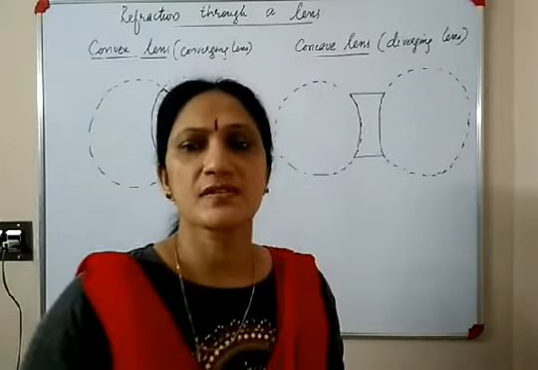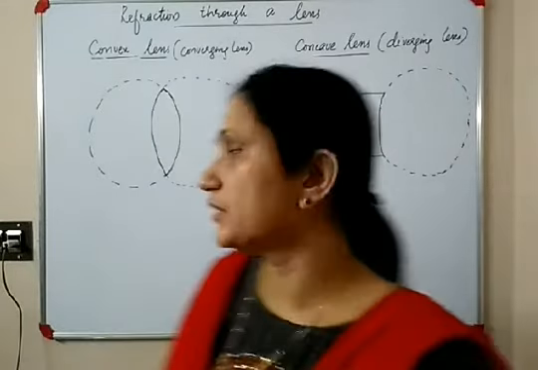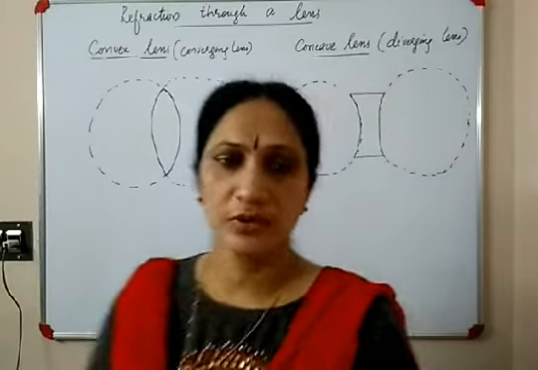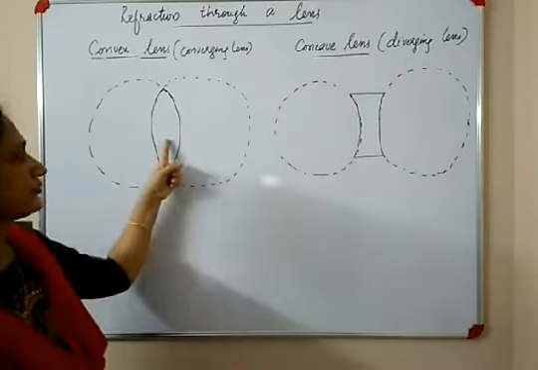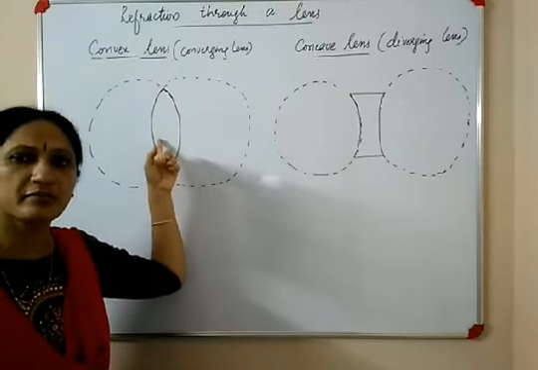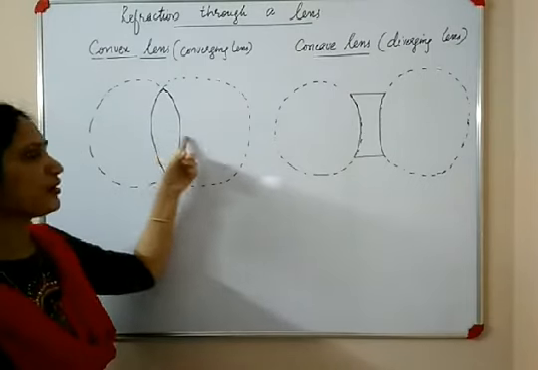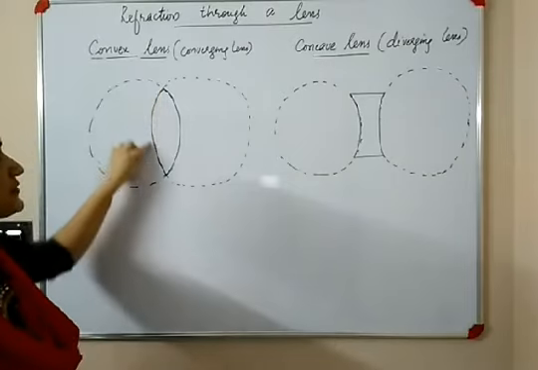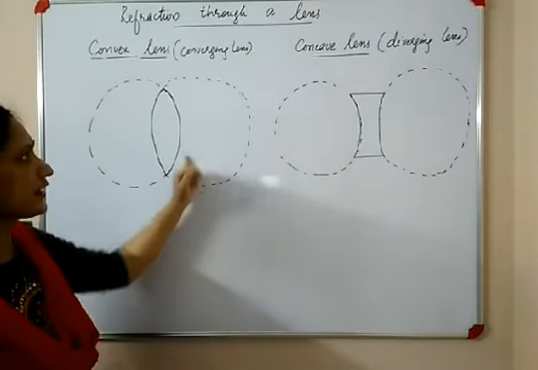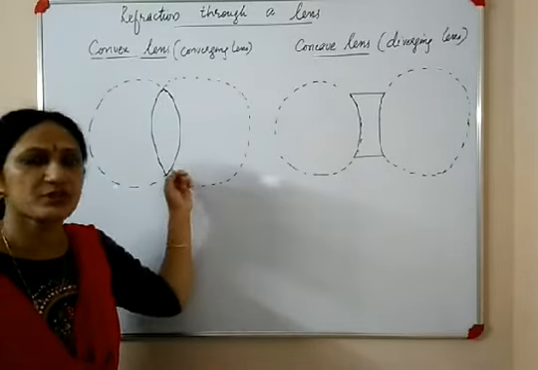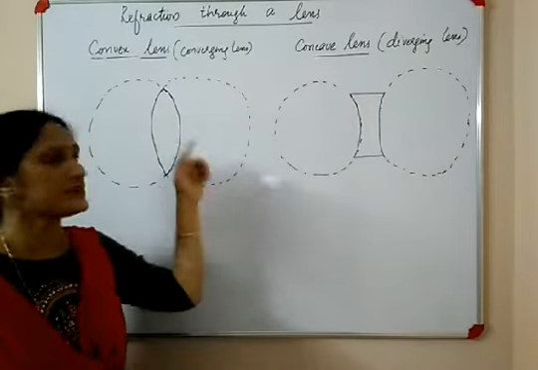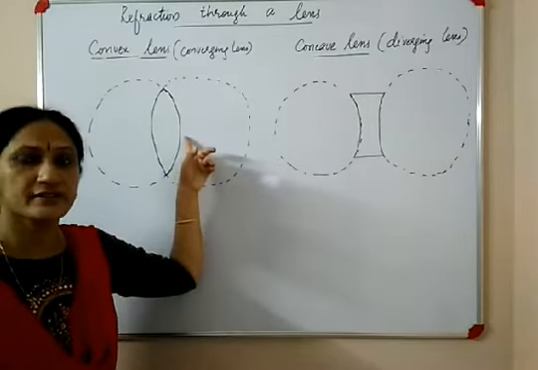Now let us discuss some terms connected with lenses, both convex and concave. Look at the first diagram. It shows a convex lens, a double convex lens. It has two spherical surfaces. This is the first spherical surface and this is the second spherical surface. Usually the surface on the left side is considered the first surface and the right side the second surface.